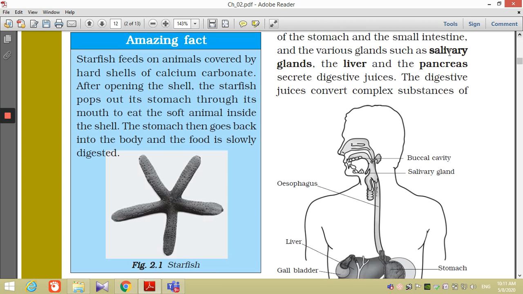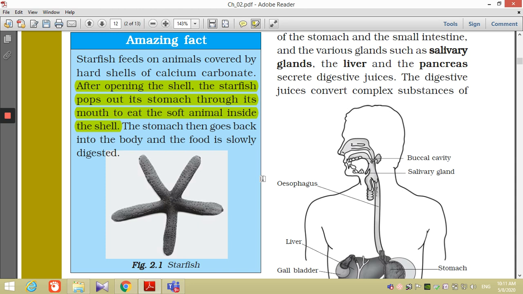See, nature is so amazing. In the case of starfish, the stomach comes out of their body to eat the food, and after eating, the stomach goes back again inside the body of the animal.